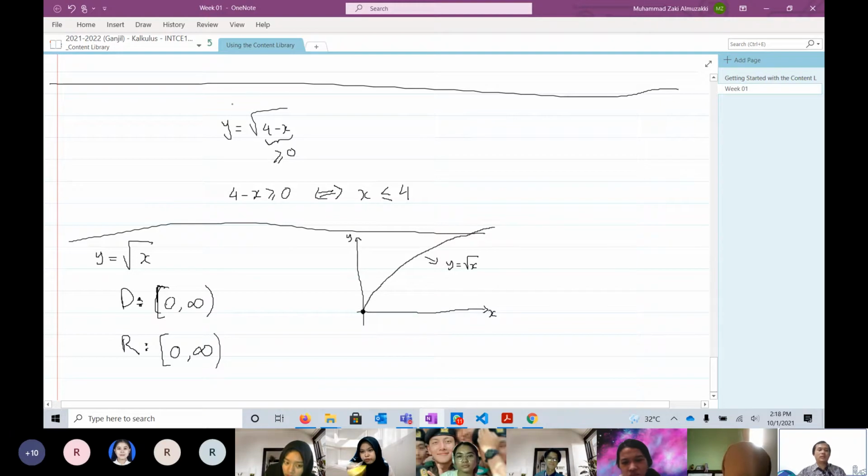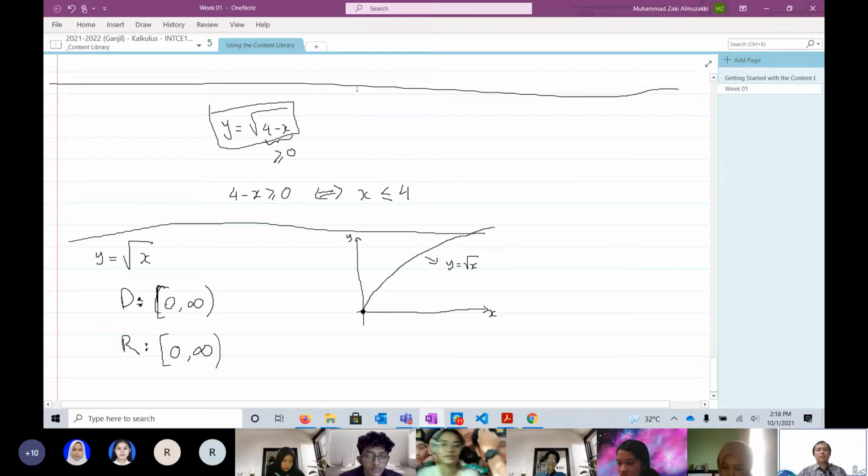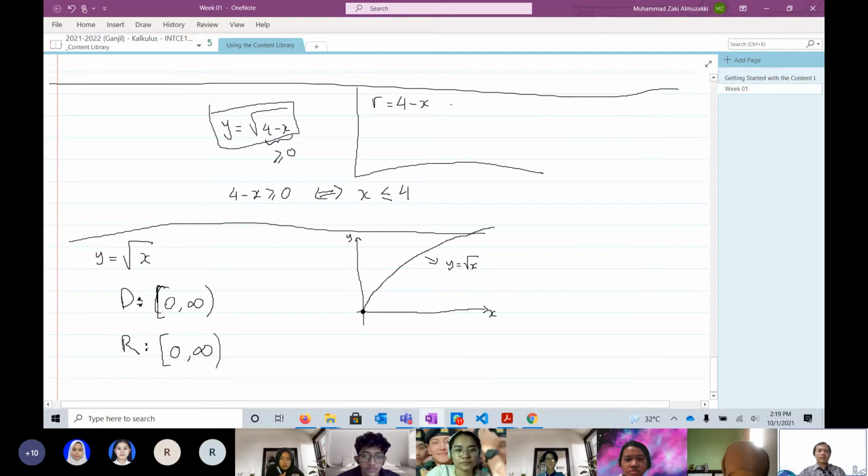Now, what happened with this guy? With this guy, let's say we introduce a new variable. Let's call it r equals 4 minus x. Then we have y equals square root of r.